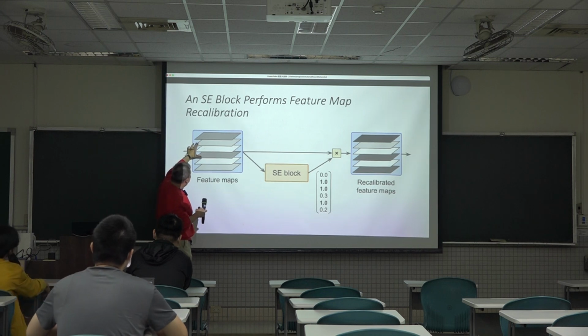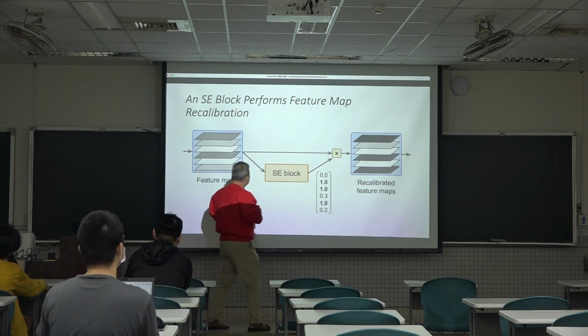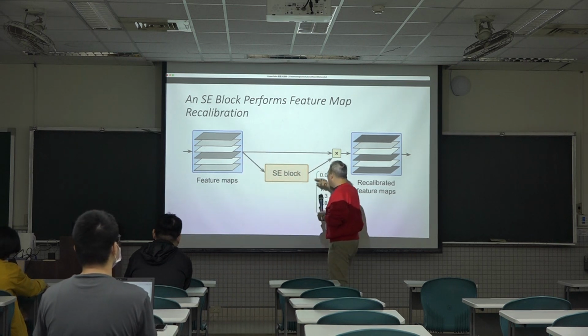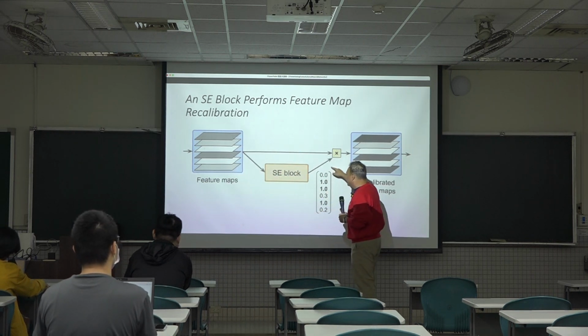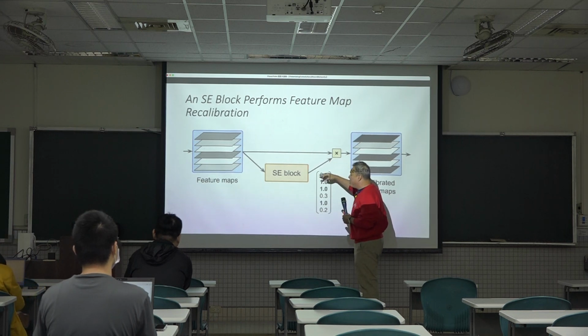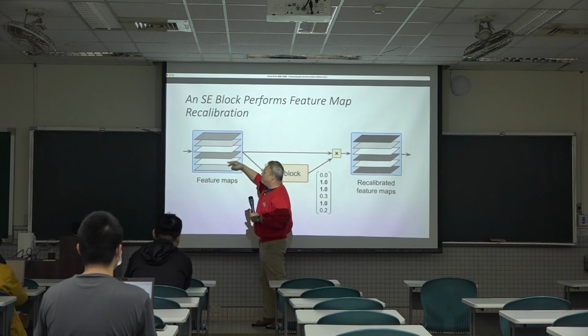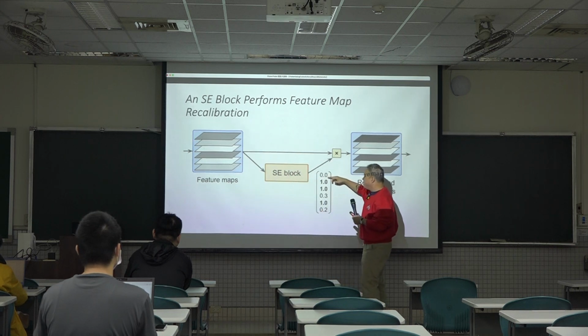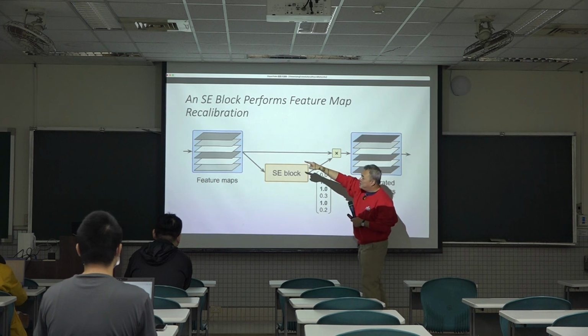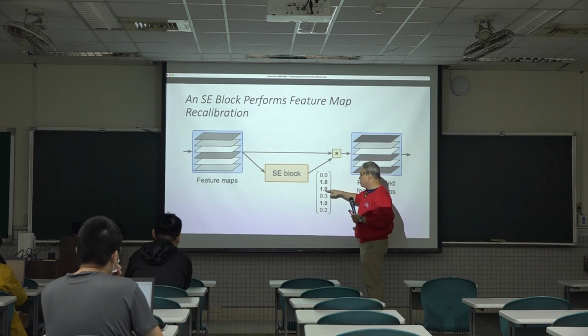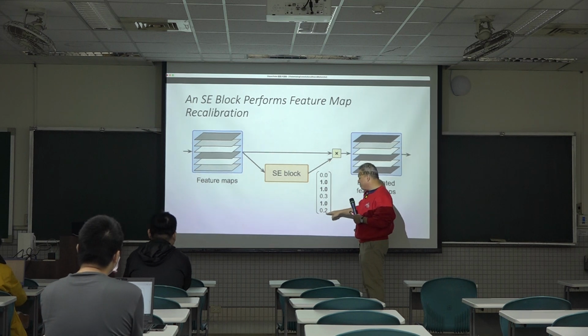So what happens is that after you go through this SE block, it will compute a vector like this. Then it is going to multiply each of these feature maps by the corresponding number in this vector. So it multiplies the first feature map by 0.0, the second by 1.0, the third by 1.0, the fourth by 0.3, the fifth by 1.0, and the last by 0.2.